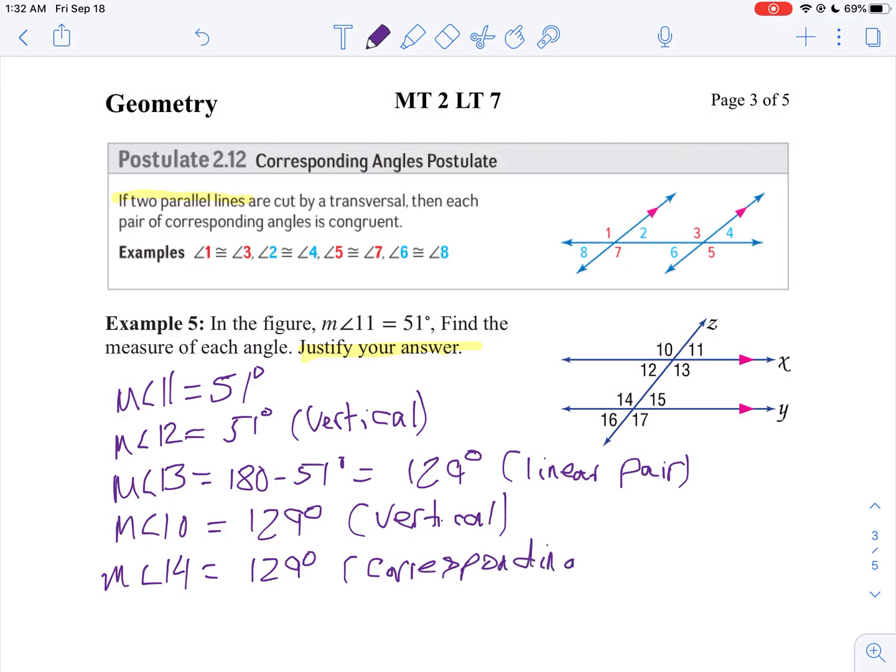We could use corresponding with all of these, couldn't we? The measure of angle 15 is going to be the same as the measure of angle 11, which is 51 degrees.